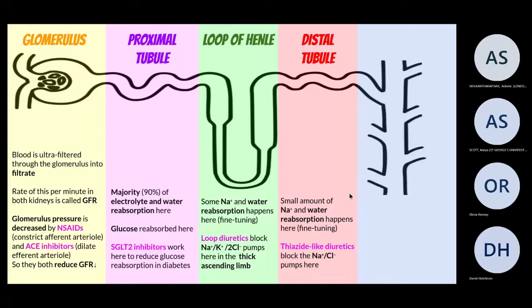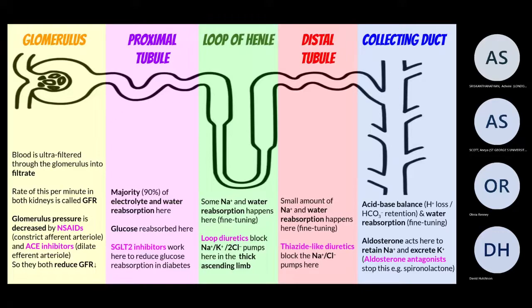And then lastly, you've got your collecting duct, where a few things happen, including, like I said, ADH acts here and gets loads of your water reabsorbed when needed, and quite a lot of your acid-base balance stuff happens here in the collecting duct as well.